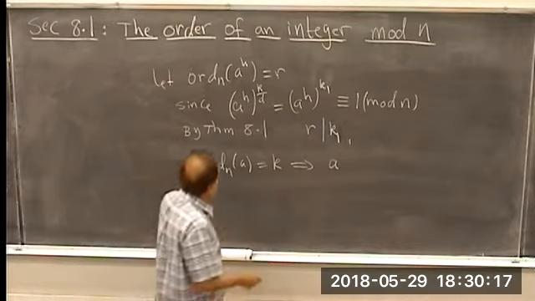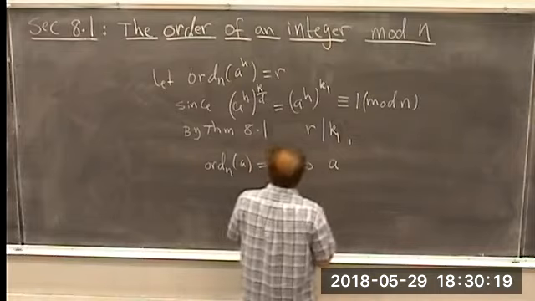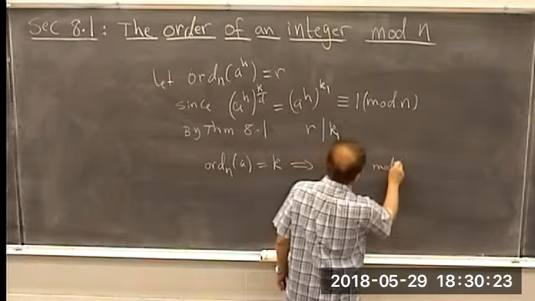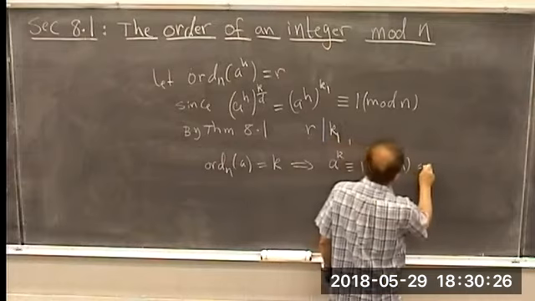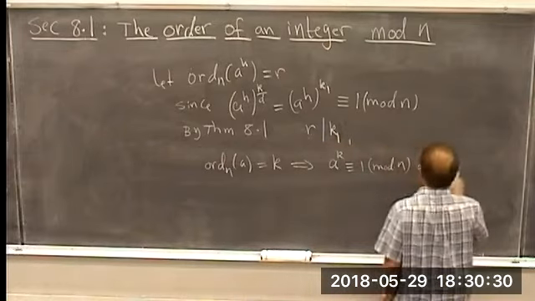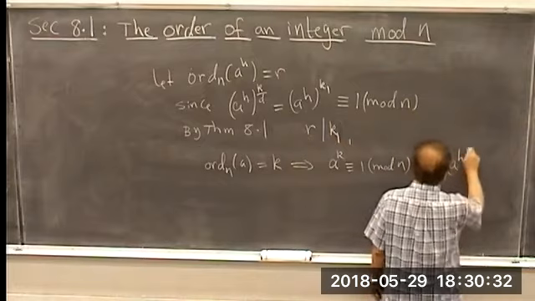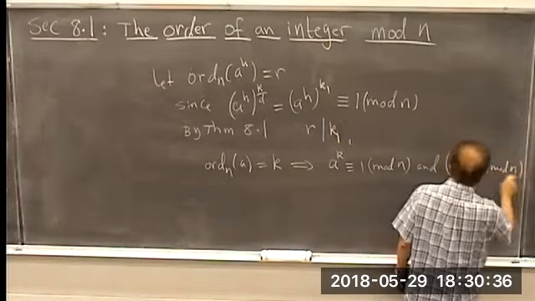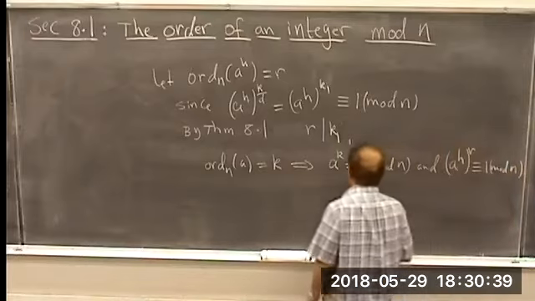We have A to the H to the R is also equivalent to 1 mod n.